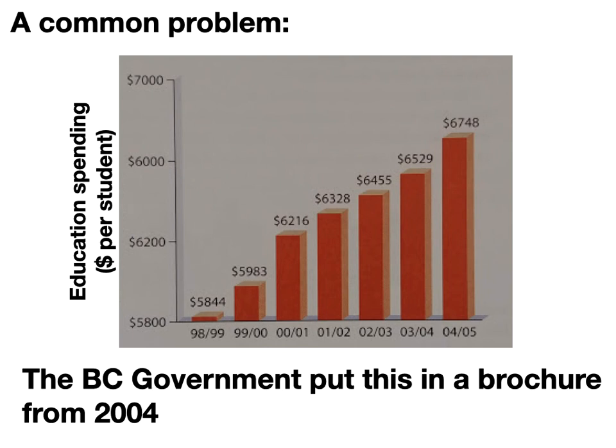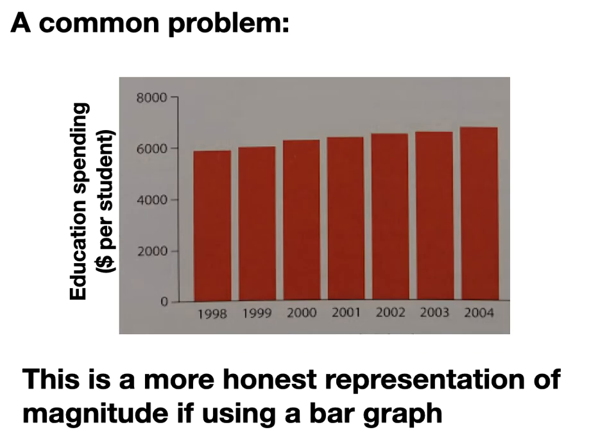Our eyes are comparing the size of the red blocks as representations of magnitude, but they've chosen to start the y-axis at a number that's very different from 0. So it looks like we have this amazing increase in amount of spending per student over these 5 or 6 years. But this is a much more honest representation of the same data.